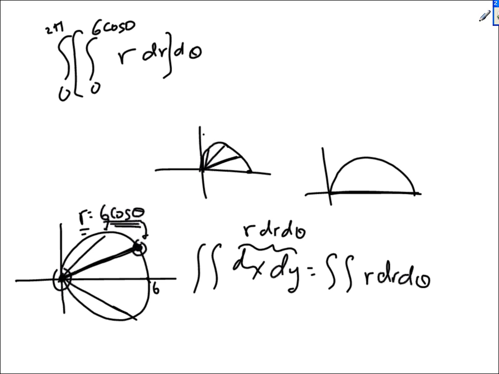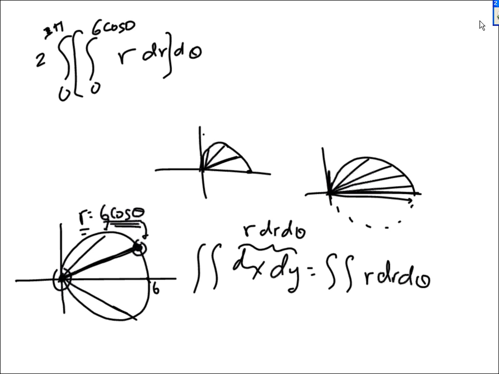You have 0, pi over 6, pi over 4, pi over 3. And then eventually right here is pi over 2. And then the other half will bring you all the way back to 2 pi. So you can integrate from 0 to 2 pi. You can go from 0 to pi and then double it, whichever you prefer.